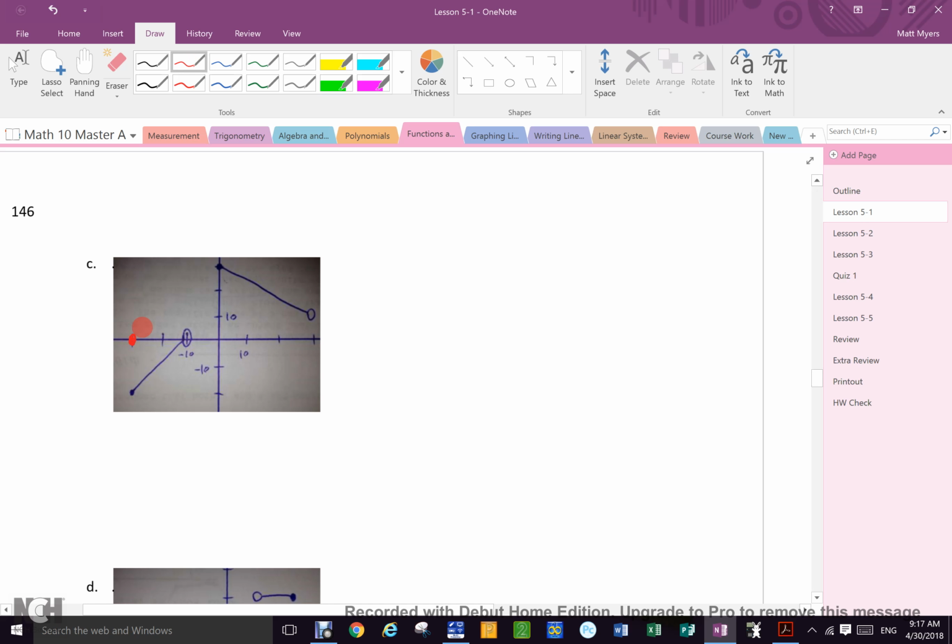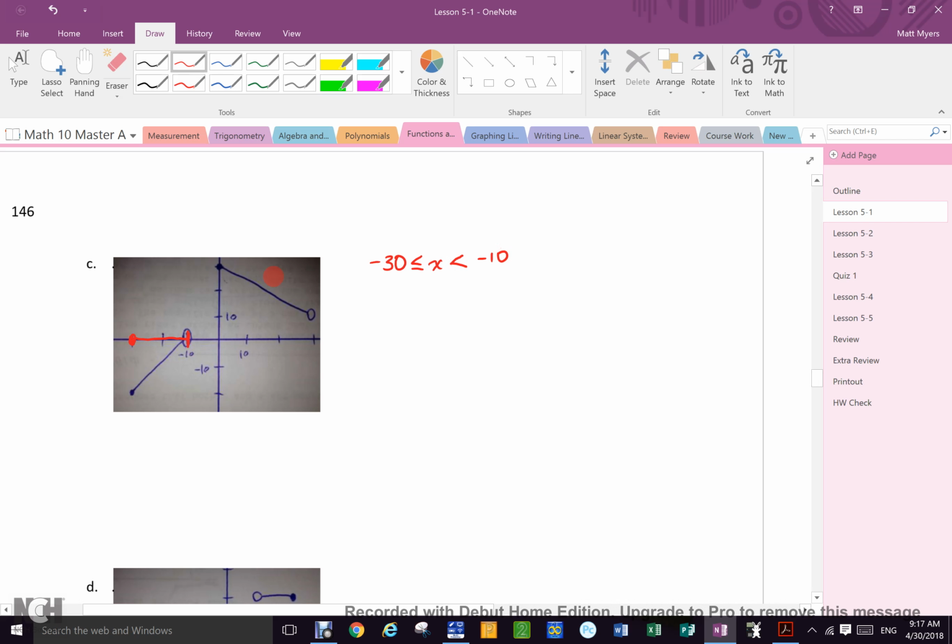What is this guy's domain? Look closely. It's very tricky. Negative 30 less than or equal to x less than what? Where does the first domain stop? Negative 10. Why do I have less than or equal to and less than? You have to remember grade 9 to do this.